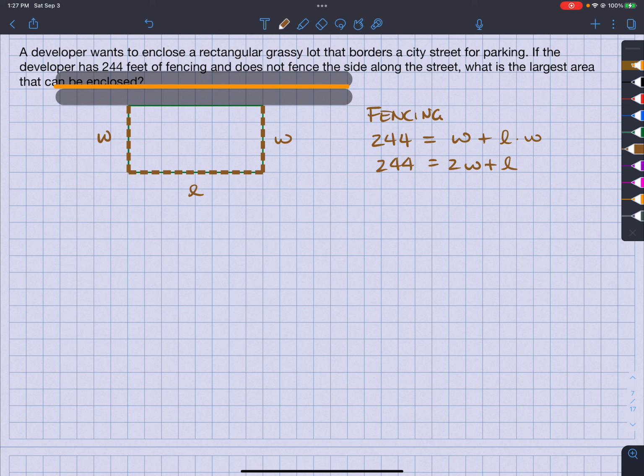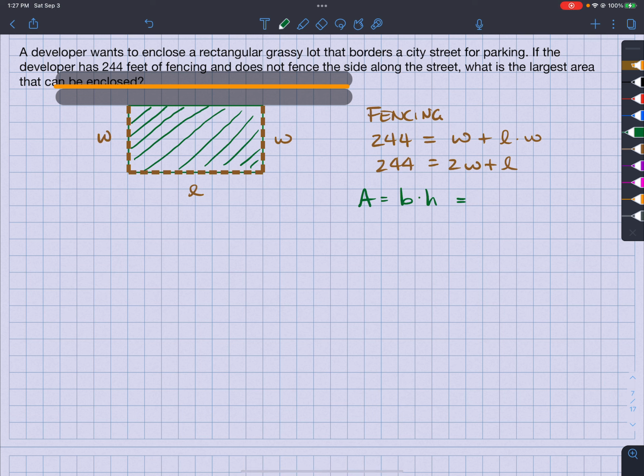Awesome. Now, what it wants us to do is find the largest area. The area I'm looking for is this area right here, that I need to cover so that on this grassy lot, I can park as many cars as I can. Area is equal to base times height, so with the same letters, that would be length times width.